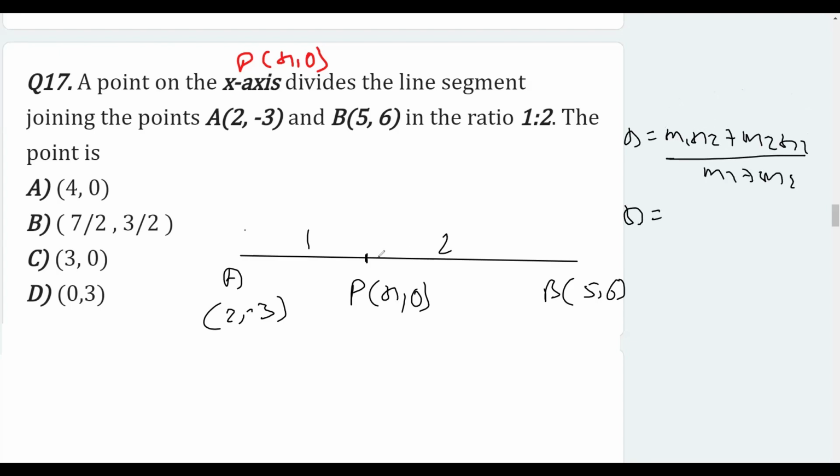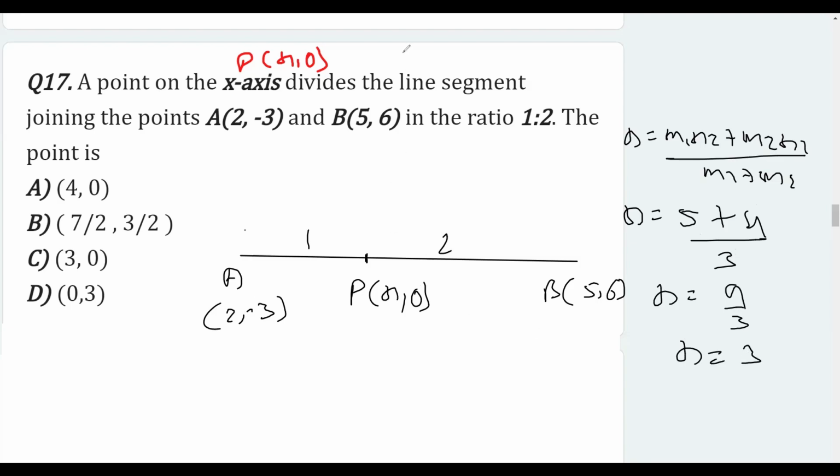So m1 into x2 is 5, plus m2 x1, that is 4. Sorry, this is m2 x1, that is 4, over m1 plus m2, that is 1 plus 2, that is 3. So we get 9 over 3. So clearly x is equal to 3.